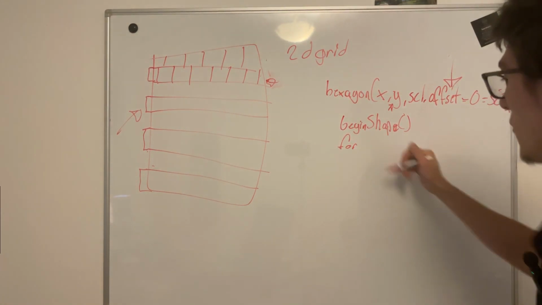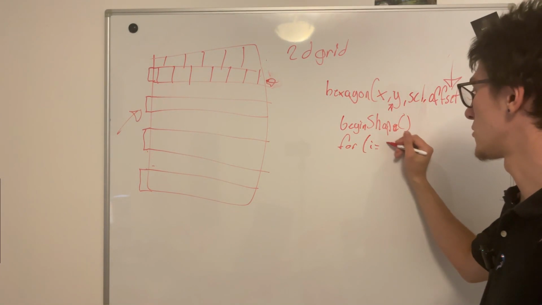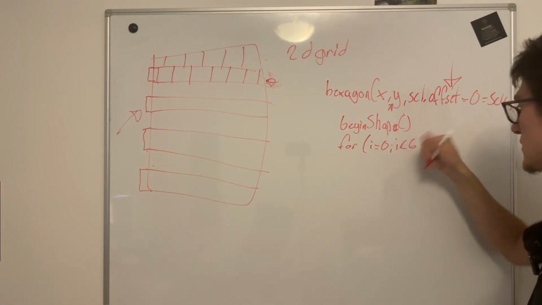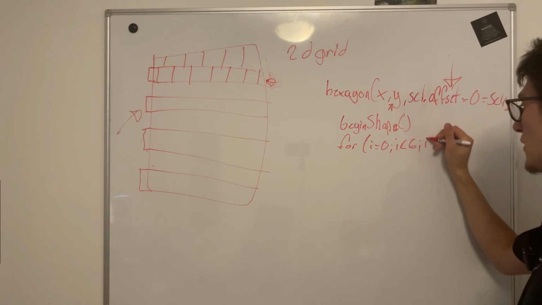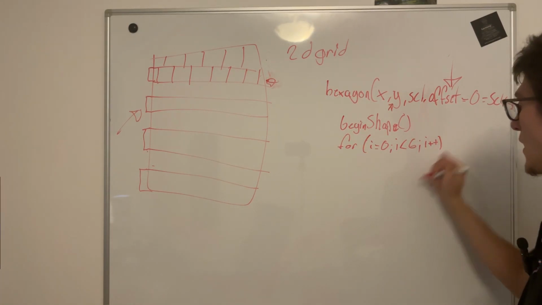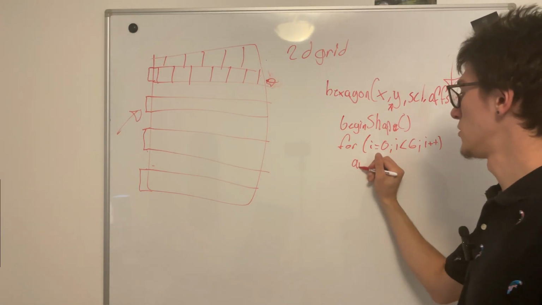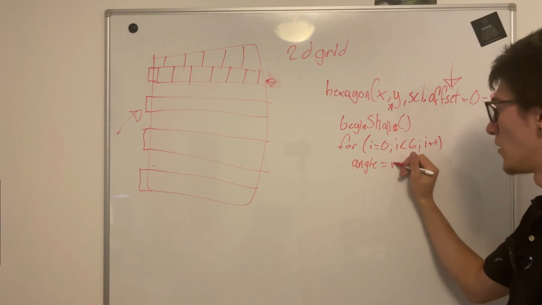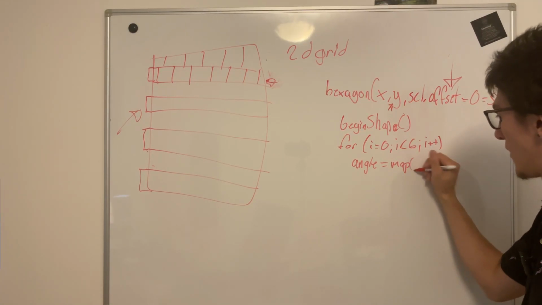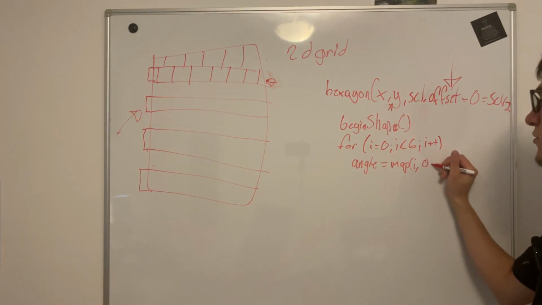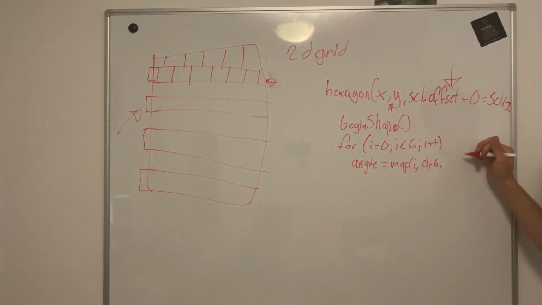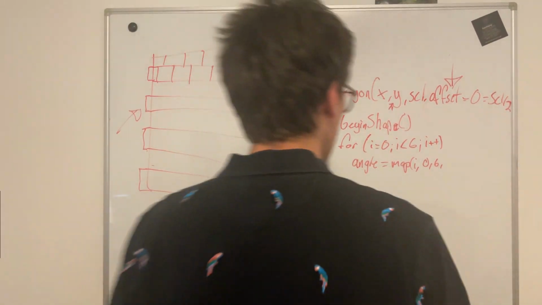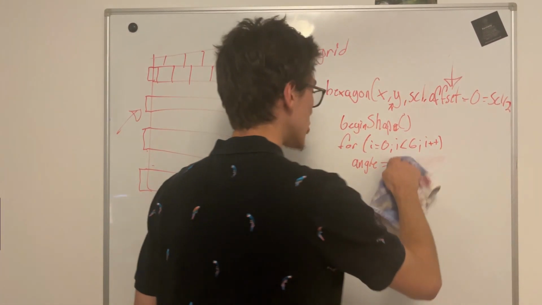So we'll do a for loop for i equals 0, i is less than 6 in this case, i plus plus, and then we will get the angle, which will equal the mapping of i, which goes between 0 and 6 to, or we could simply not use a map and just do the map ourselves.